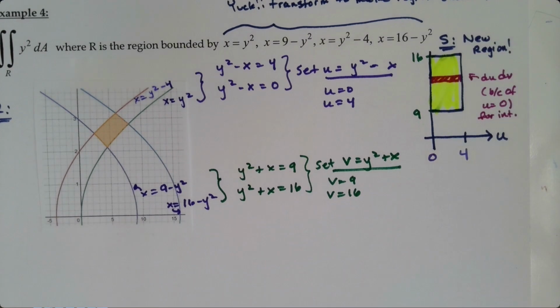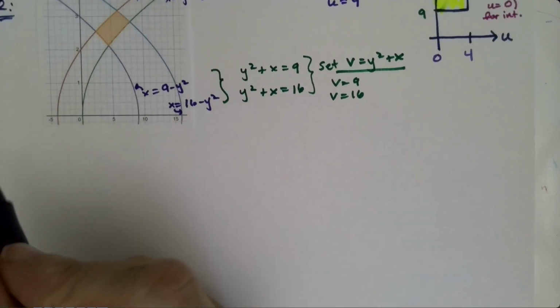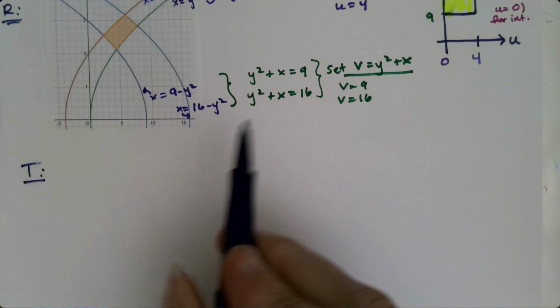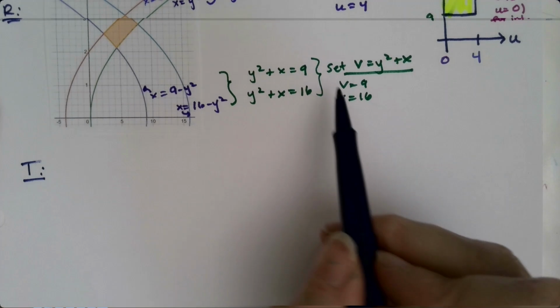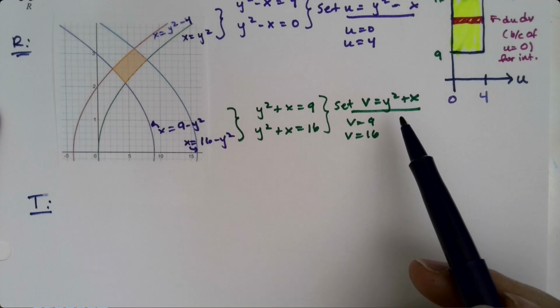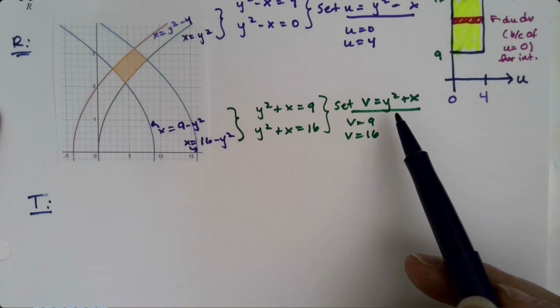Okay, but we're not there yet, not by a long shot. We still have to come up with the transformation and the Jacobian, and that's actually going to be dicey in this particular example. Okay, so the transformation, T. We're going to take our equations that we have set up for u and v, and we're going to solve them.